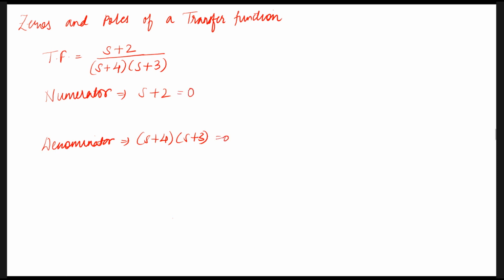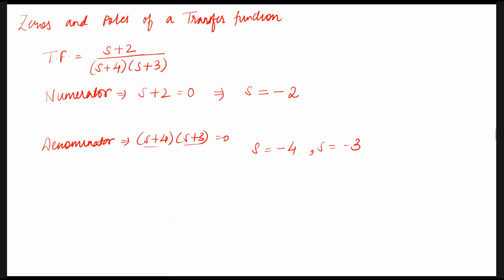So numerator is s plus 2 equal to 0, and then finally we will see what is the value of s. So, s is going to be minus 2 in case of numerator, and in case of denominator we have two s terms. So, we will have s is equal to minus 4 and s is equal to minus 3.